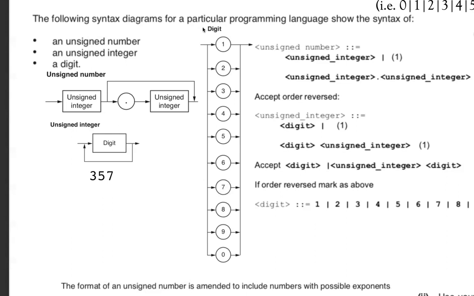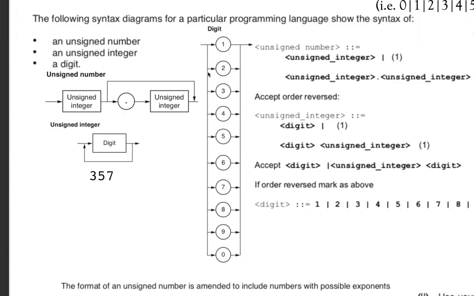So how do we know it's a digit? A digit can be either 1, 2, 3, 4, 5, 6, 7, 8, 9, or 0. If I've, for example, chosen a digit to be 5, can I take 5 as a path?